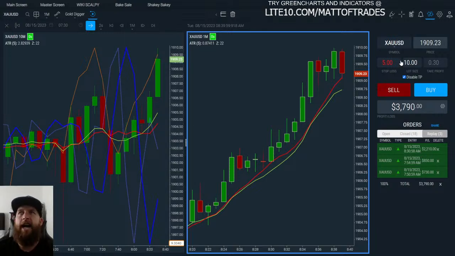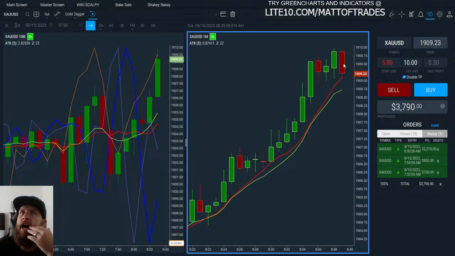And again, lot size, I'm using 10. The most you could lose in one trade here is $5,000. I like to pretend that this is based off of a $100,000 account, so risking 5%.